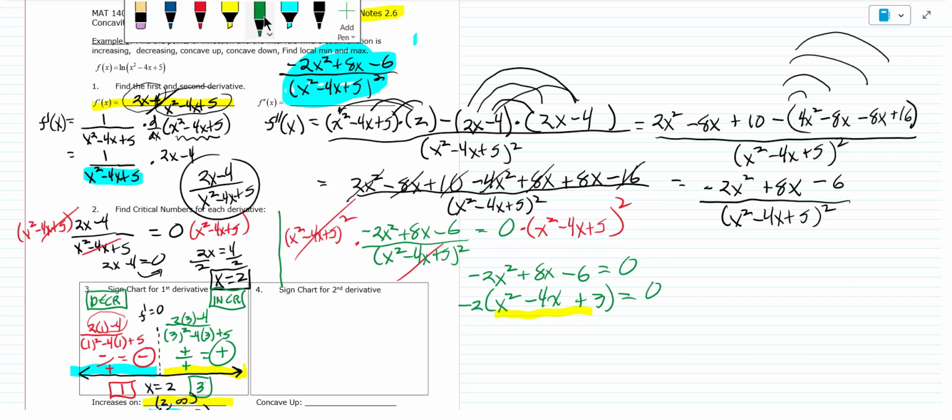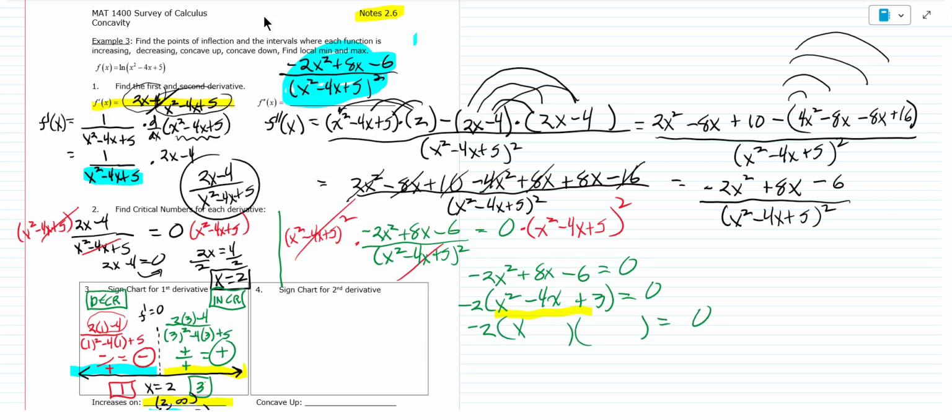So we'll have negative 2 times, okay, when I factor this, I'll have x and x to get x squared. I've got 3 and 1 to get positive 3. And then I'm going to have 2 minus signs to get that. Okay, so now what I've got is that. Now, can you tell me in your head, by looking at that, what the two critical numbers are?